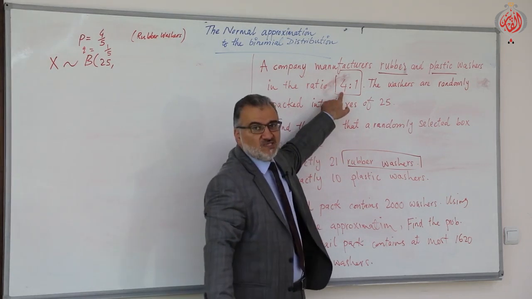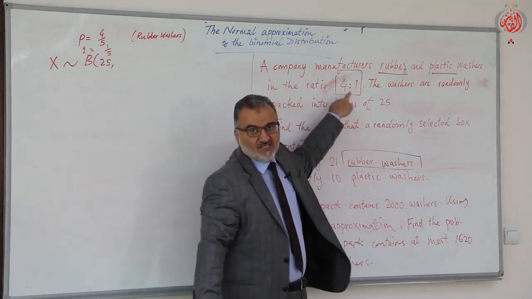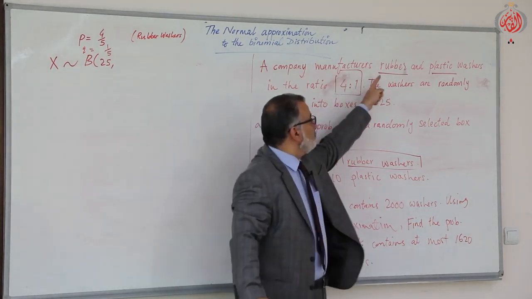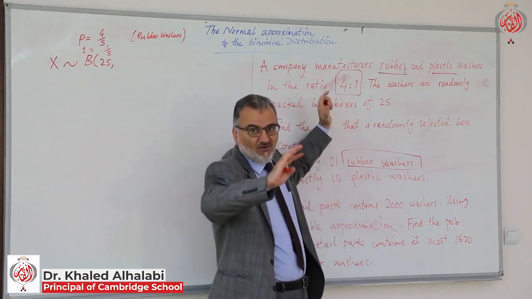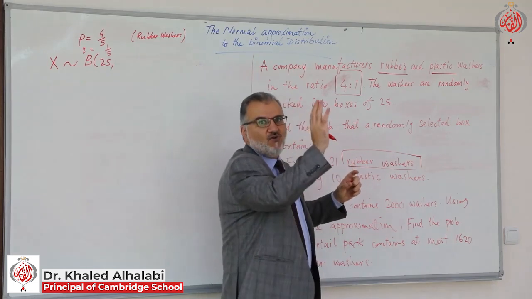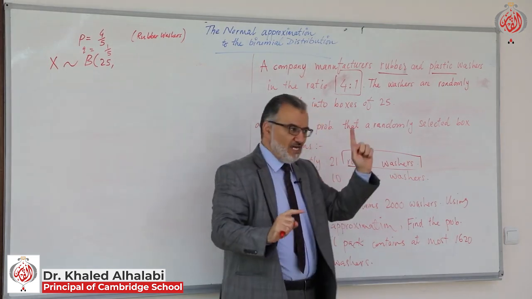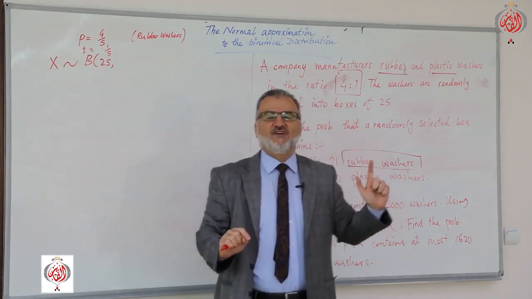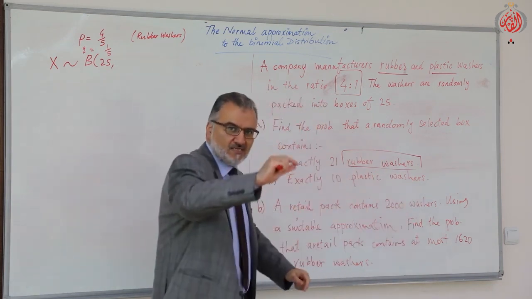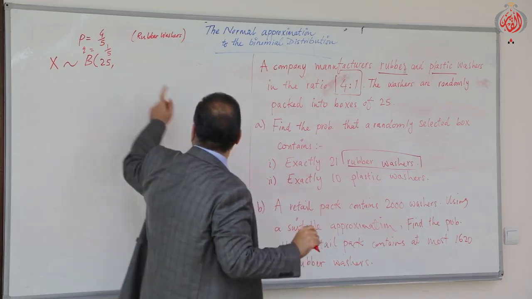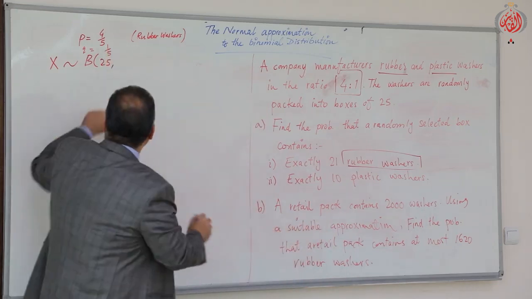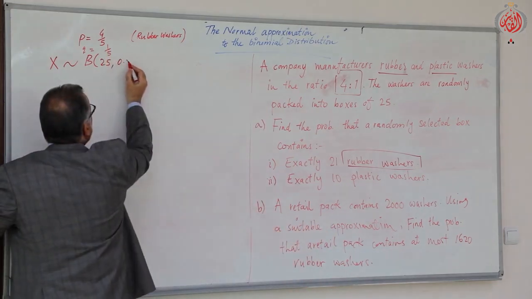You have 4 parts out of the total parts, because 4 belongs to rubber. So you have 4 washers out of 5 always. Every 5 washers, we have 4 rubber washers, while we have 1 out of 5 plastic washers. So the probability that the selected washer is rubber is 4/5, which is 0.8.